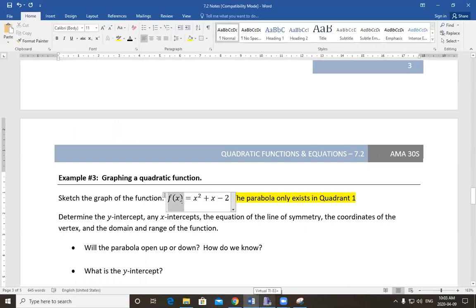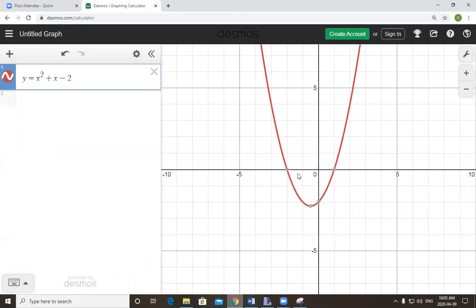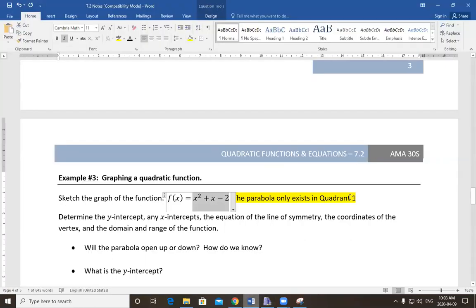F of x is the y. So if you want, I'll just copy the right-hand side of the equation. We'll go into Desmos, y equals, paste. There we go. Oh, okay. So how about we go back. Actually, I want to make sure, I'm going to change the equation here.